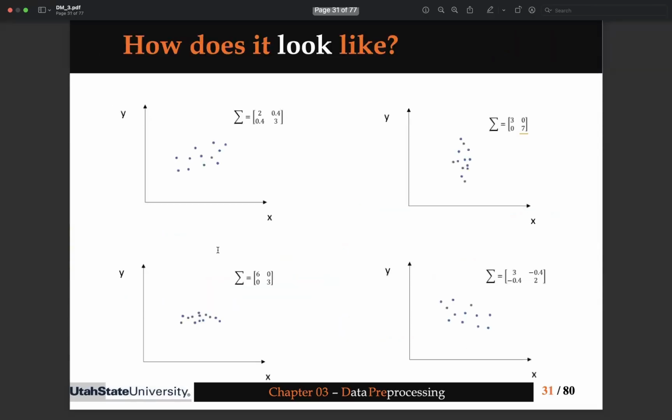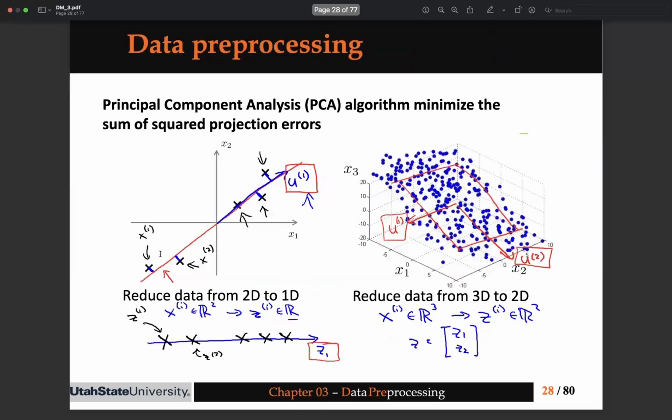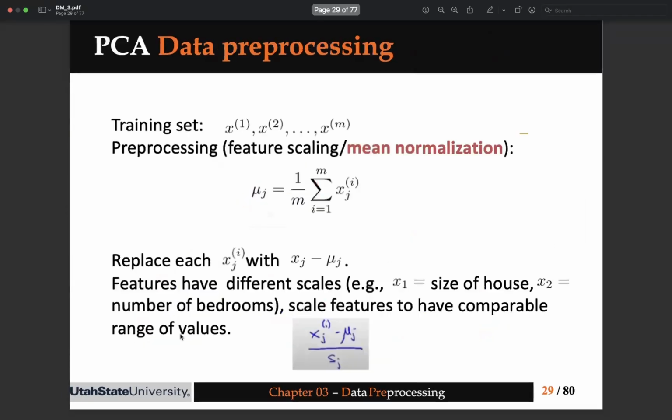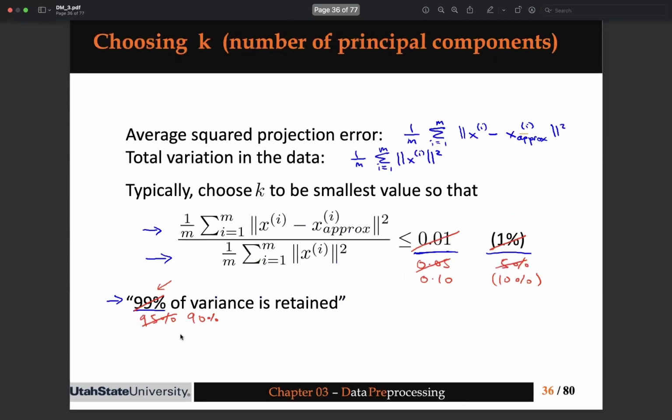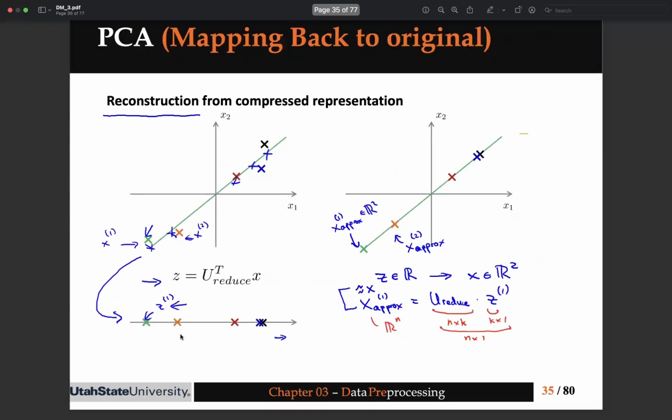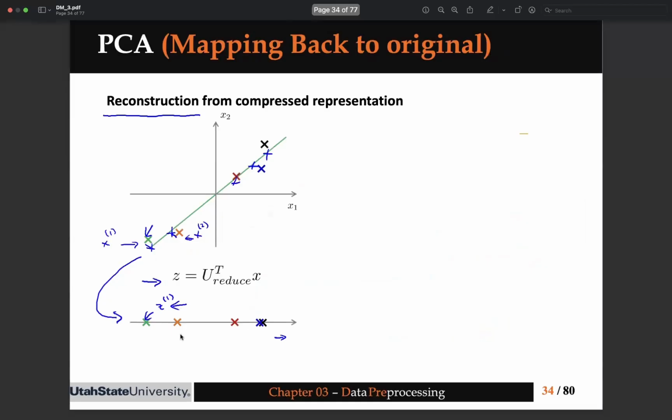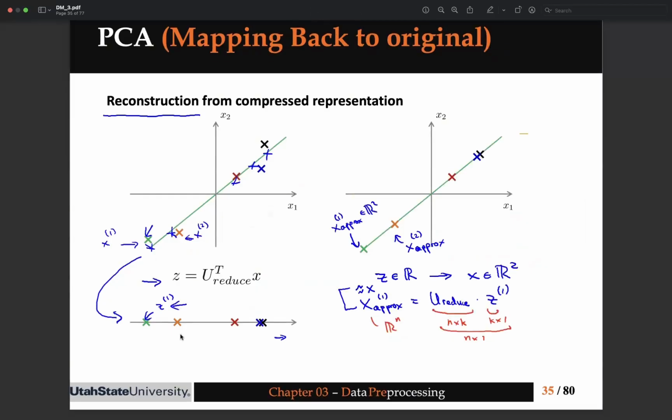In other terms, if I were to go back a few slides, my Z's are nothing but those dots over here in 1D, right? So what is the value of this X in this axis here, which is my first principal component?